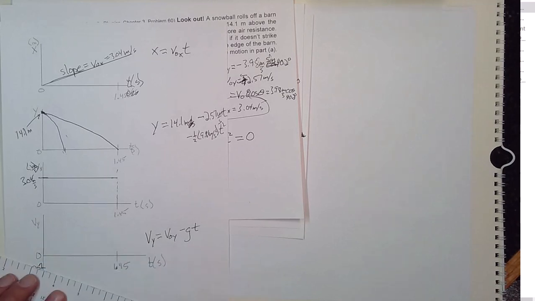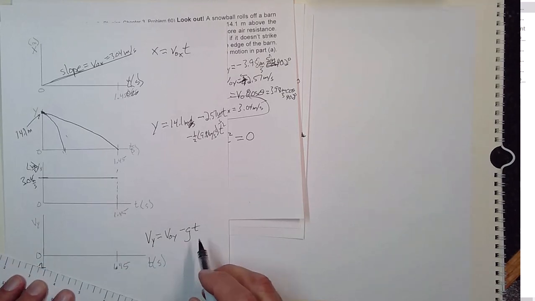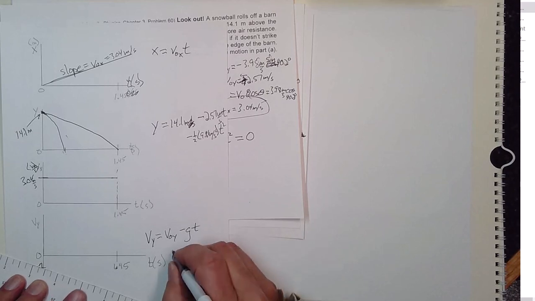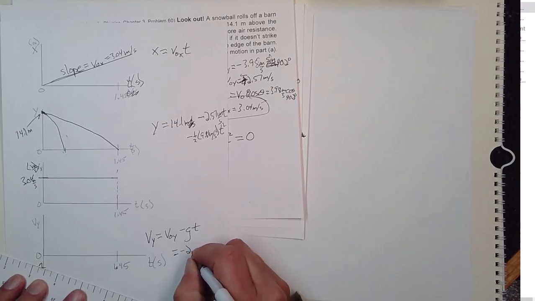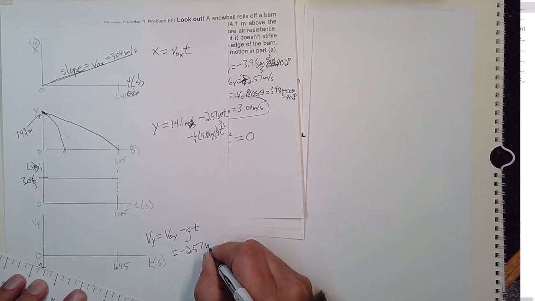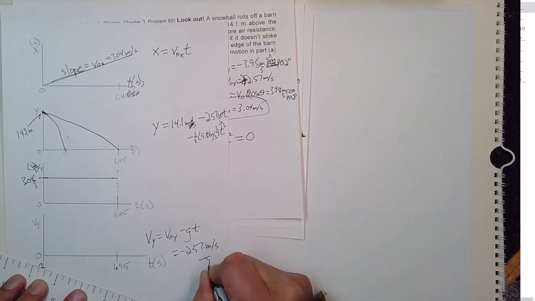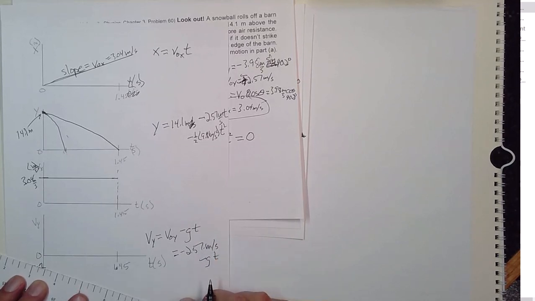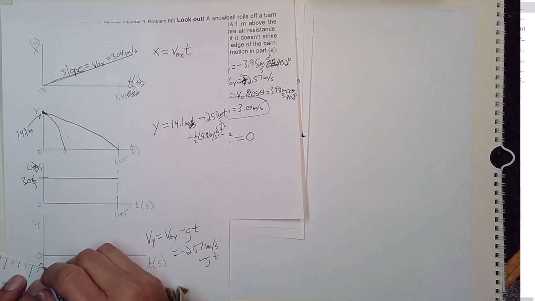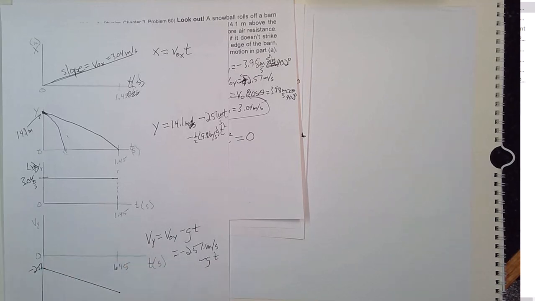And then it gets more and more negative as time goes by. So minus 2.57 meters per second minus g t. And the slope of this graph will be minus g. So that's what it does. Oh, and when it hits the ground, it absolutely stops. So those are those graphs.